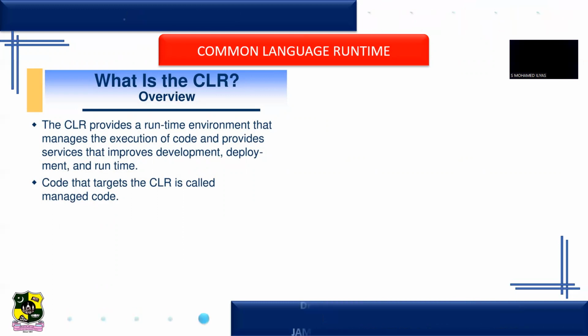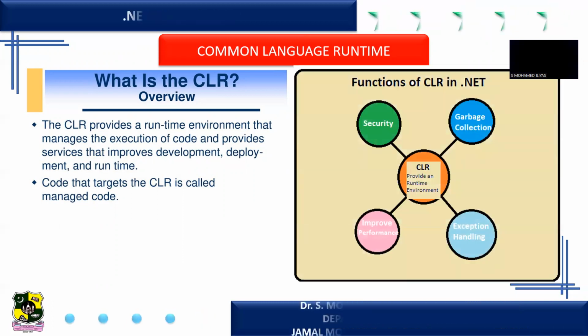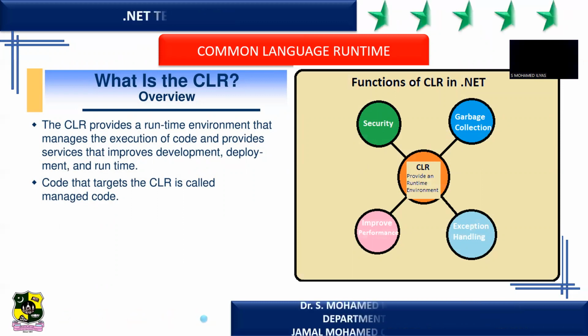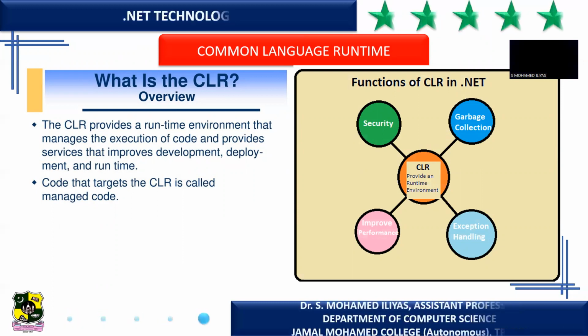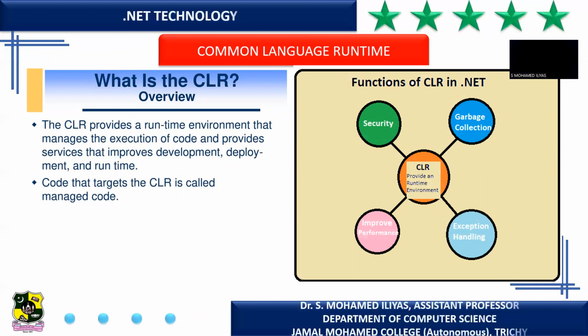The code that targets the CLR is called managed code. And the various functions of CLR in the .NET framework: it provides a runtime environment, and its basic functions are garbage collection, security, improving performance, and exception handling.